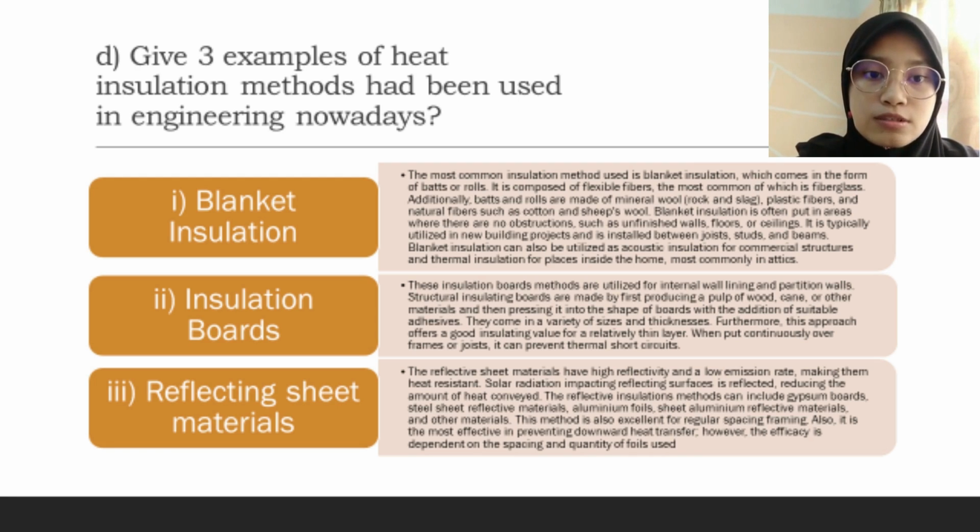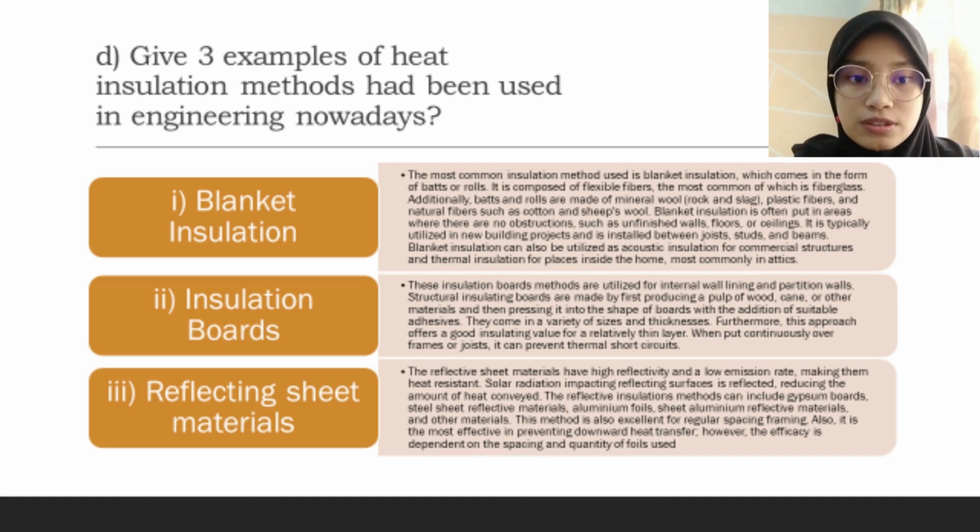Second, insulation board. The insulation board methods are utilized for internal wall lining or partition walls. They come in a variety of sizes and thickness. When they are put continuously over frames or joints, they can prevent thermal short circuit. Number 3, reflecting sheet material.